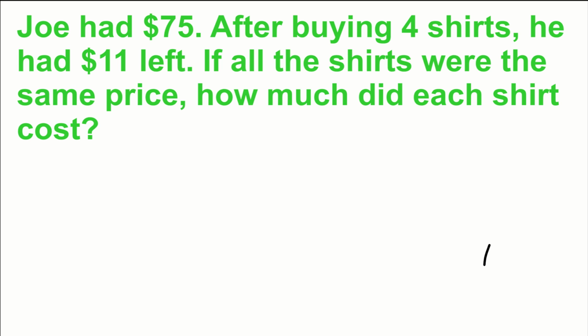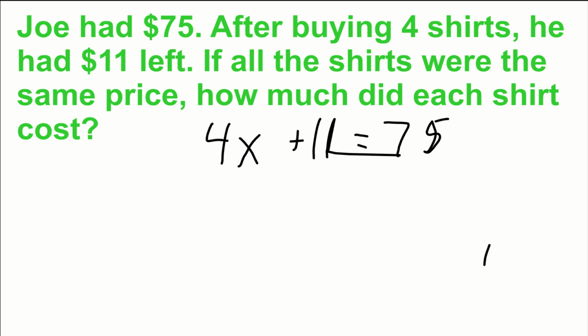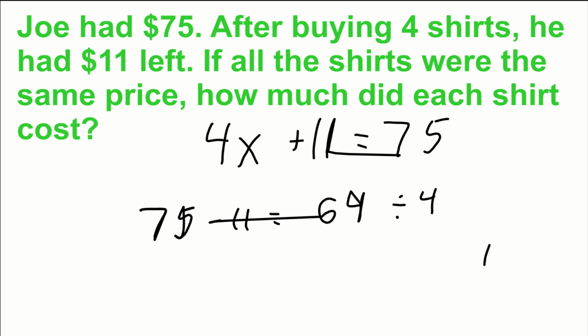So if you wrote an equation for this, bought 4 shirts, don't know the price, has $11 left, it's got to add up to his total. Okay, so we subtract 11. Most of y'all didn't write the equation. You just did 75 minus 11. That gives you 64. That's the total price of the shirts. So we got to do 64 divided by 4, which is going to give us 16. Okay? Any questions on that one?